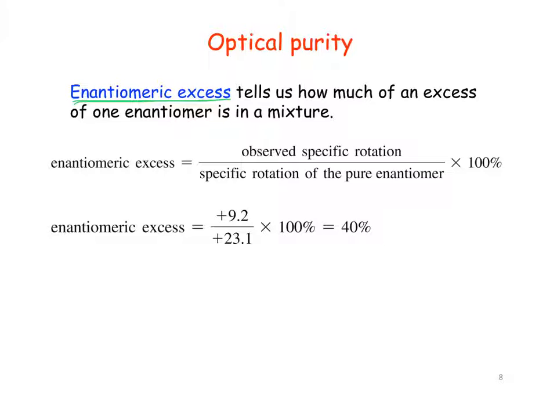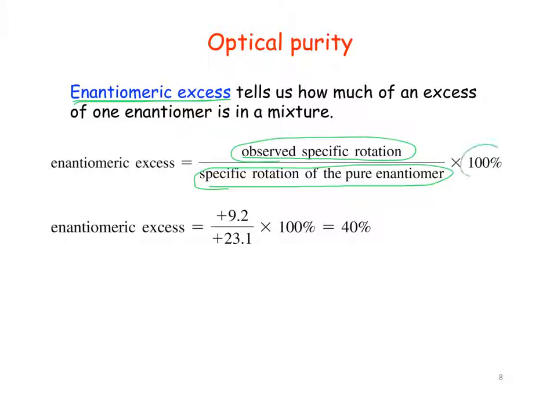The way that we measure this is we divide the observed specific rotation of the solution. So we measure the rotation, divide by the cell (the sample container) length, and divide by the concentration to get the specific rotation. We divide that by the specific rotation of the pure enantiomer, which is how much rotation we would get if we had a pure enantiomer.